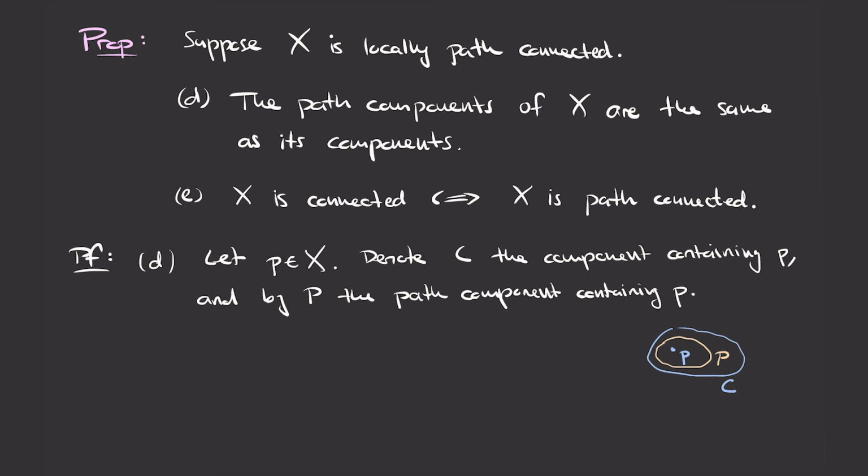We also know this because components are the disjoint union of path components. So we have P' being a subset of C, for example, because P' is connected and so must be contained within the component C. However, we know that in a locally path-connected space, the path components are both open and closed.